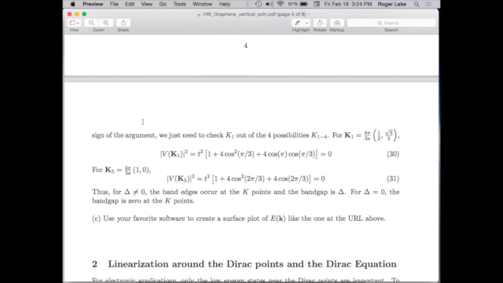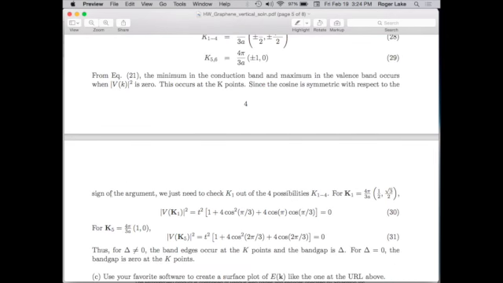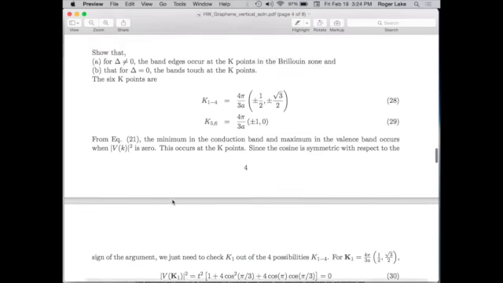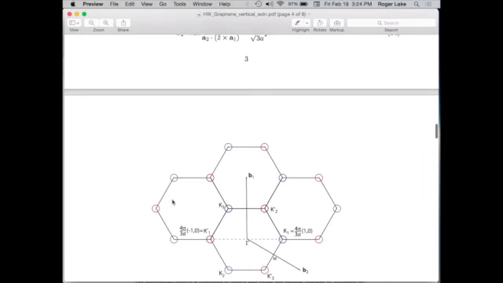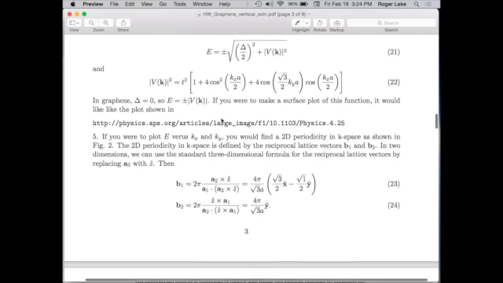So I guess we just need to check k1 because why? The cosine is symmetric with respect to the sign of the argument. So everything shows up in that cosine. Whether kx is positive or negative doesn't matter, or ky is positive or negative, because cosine is an even function.